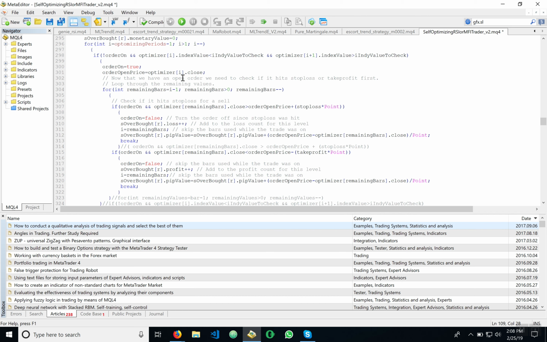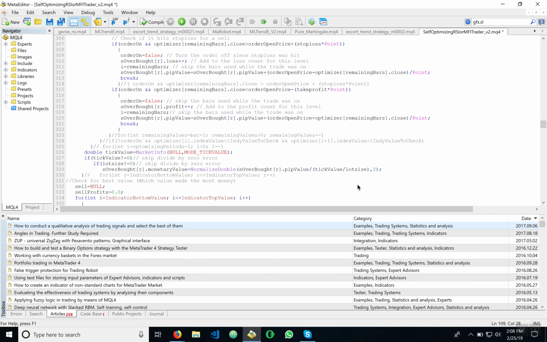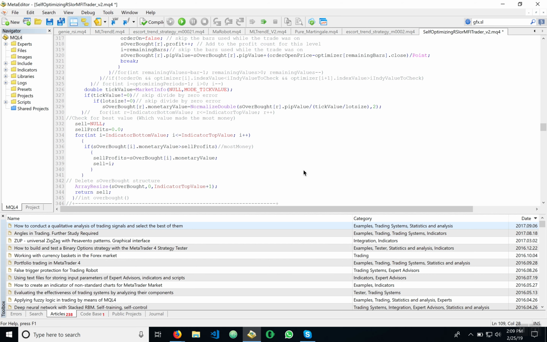And then this loop here basically goes through the values and checks more than once that the optimal price has been determined based on the overbought position, and then sends that value to a trade that will then be sent up to the main or the onTick function, and it executes an order.